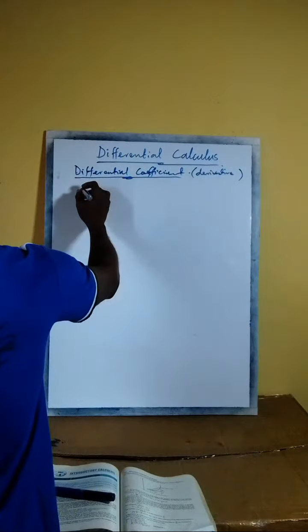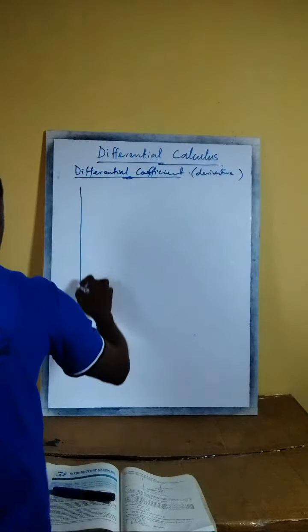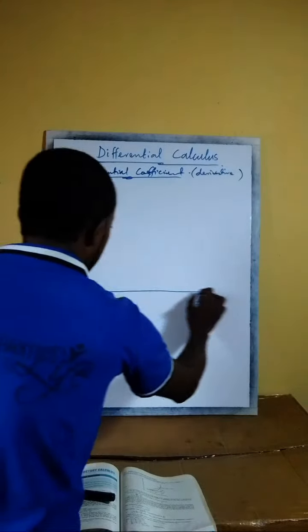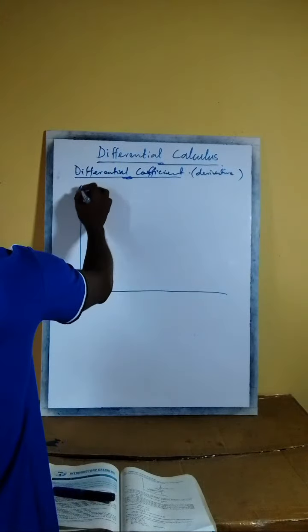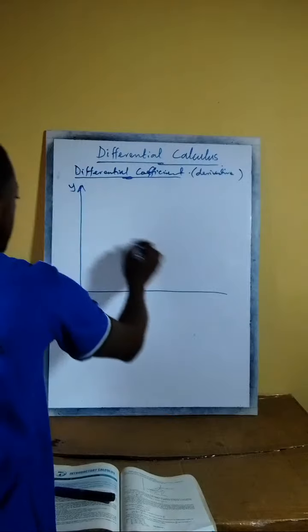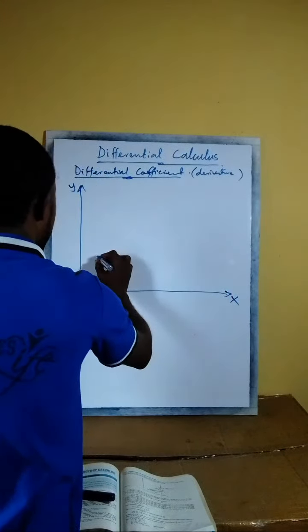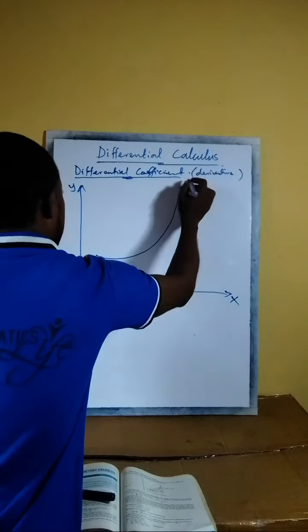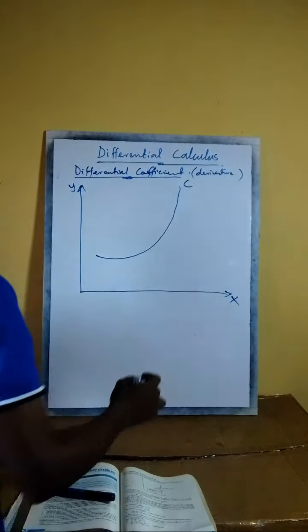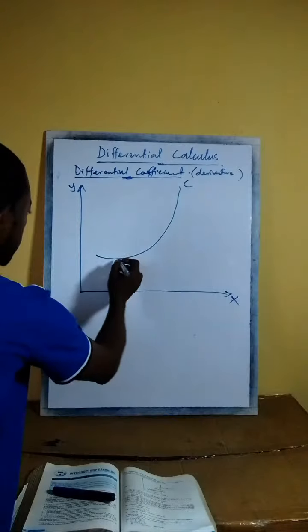Now, given a curve C in the Cartesian plane, whereby we have this as the y-axis and this as the x-axis. So here we have the curve C, and we have 2 points on this curve.